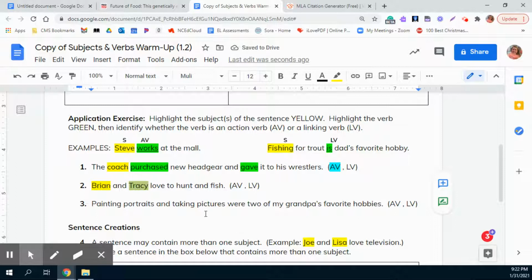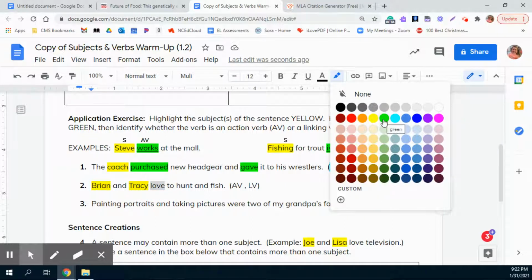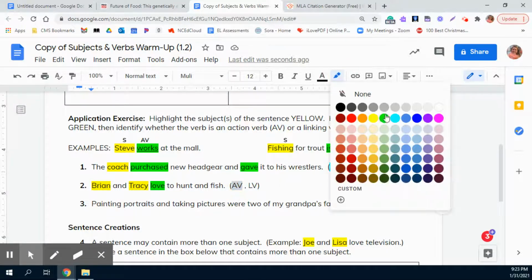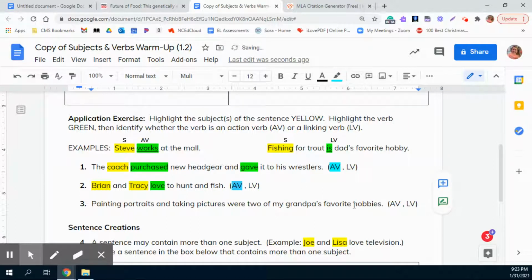And what is the action? They love to hunt and fish. So they hunt and fish, but that's not the action in the sentence. That's describing what they love to do. So love is actually our verb here. And love is an action verb. That is something that you do. Might be a mental action, but it is an action.